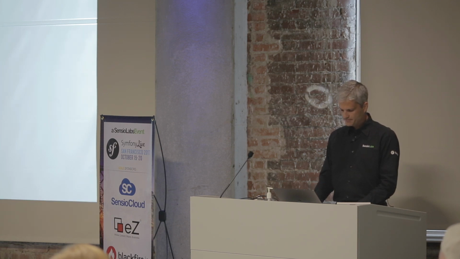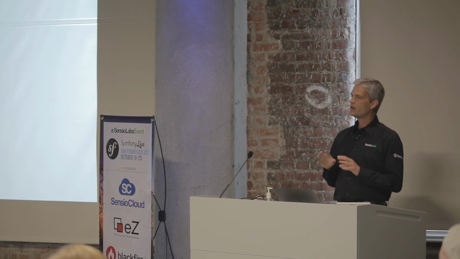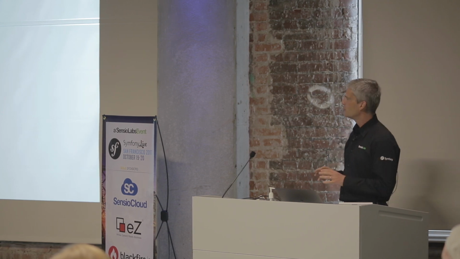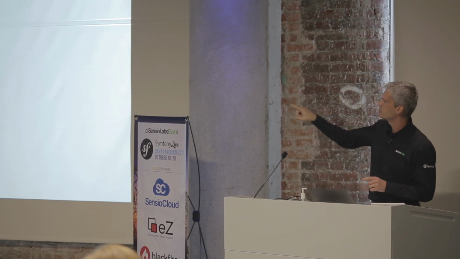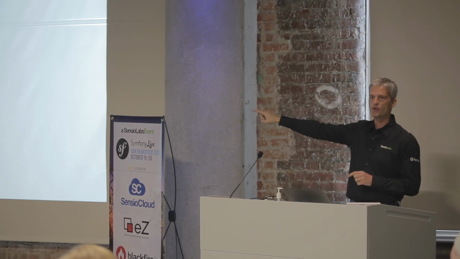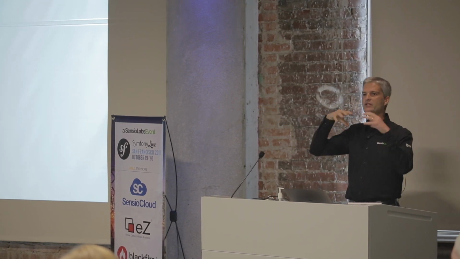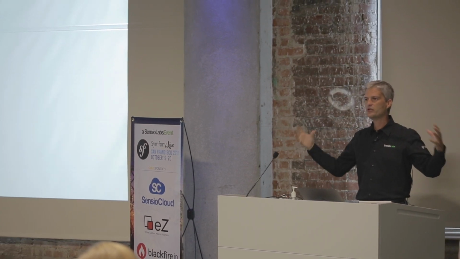We did some small changes, but they are very significant, I think. The most important one, I would say, is the routes.yaml file. It was named routing.yaml before. Routing is really the notion of more than just configuring the routes.